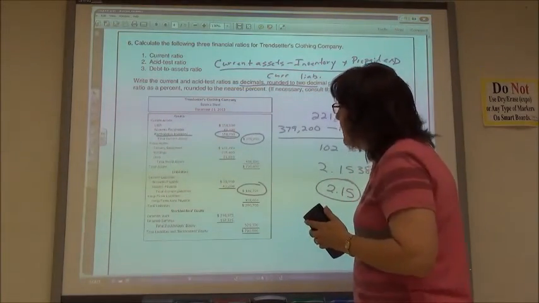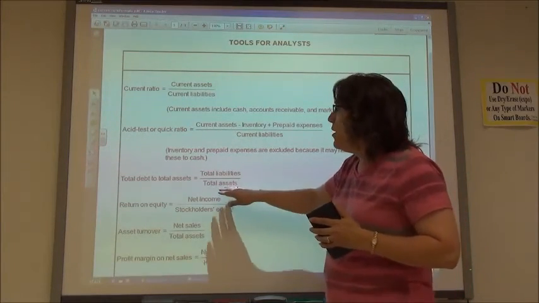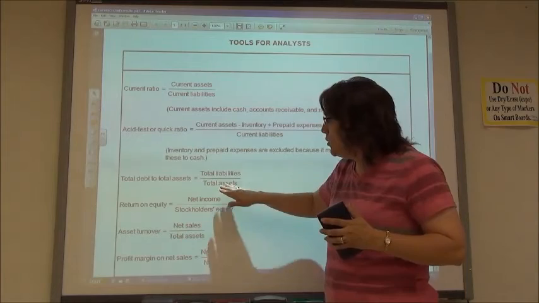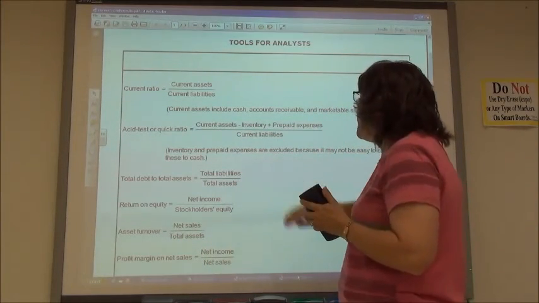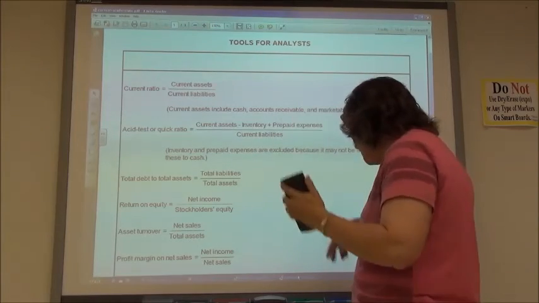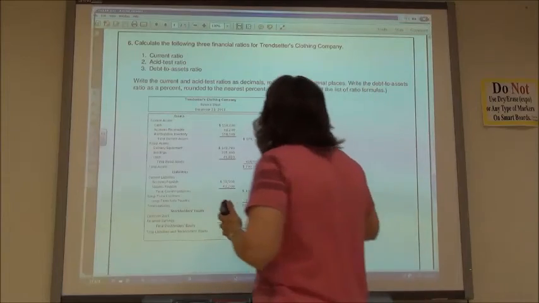And the third one says the debt to assets ratio. The debt to assets ratio means you're going to do the total debt to the total assets, or the total liabilities, I should say. The total liabilities to the total assets. Your liabilities are your debts. Total liabilities to the total assets.